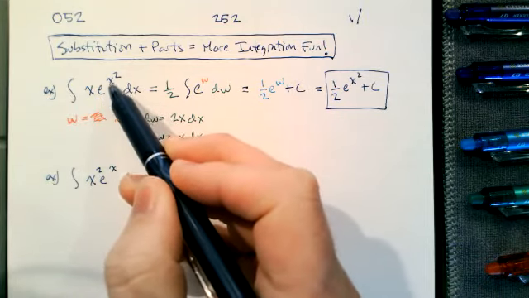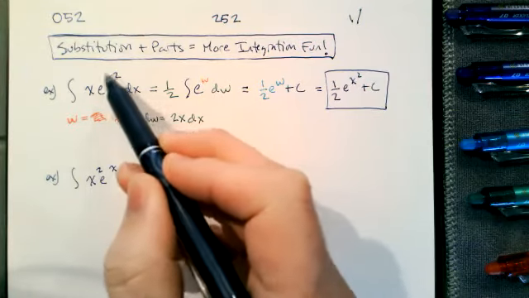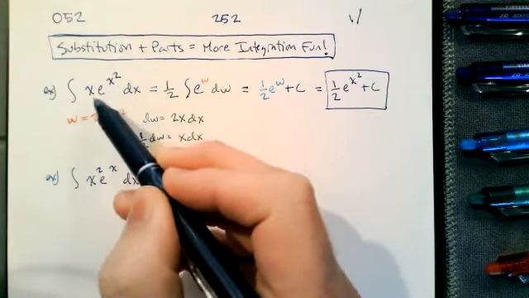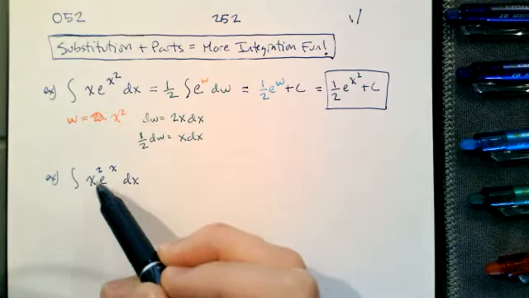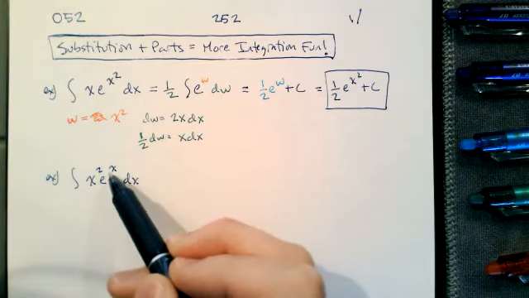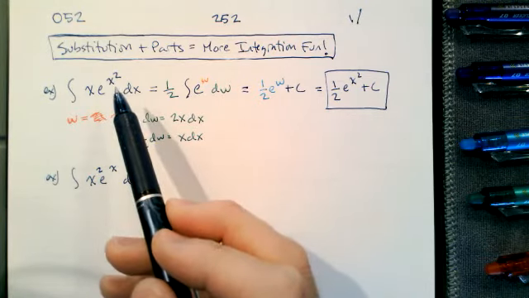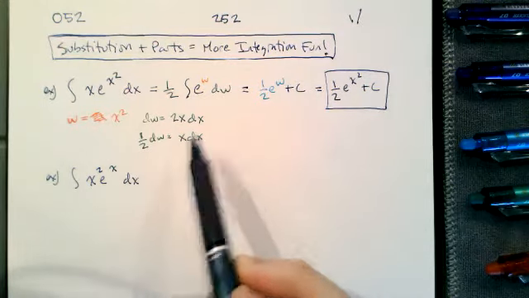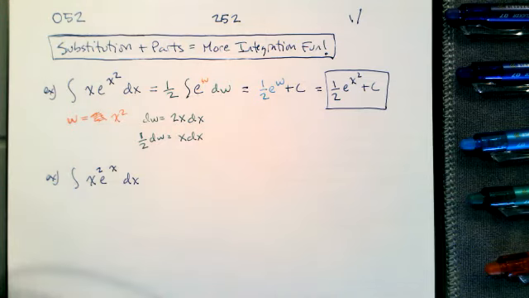Here we used composition of e to the x and x squared. In this example, we have a product of e to the x and x squared. So composition means anti-chain rule. Product means anti-product rule. So we're going to use parts.